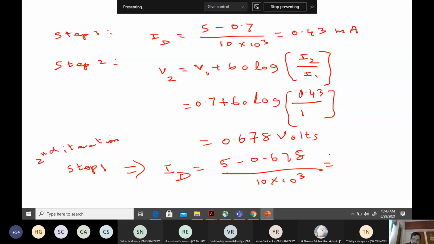And there you will get roughly 0.432 milliampere, because this is 4.322 and then you divide by 10, so you get this in milliampere. This is the answer you will get. You substitute back here on this equation.